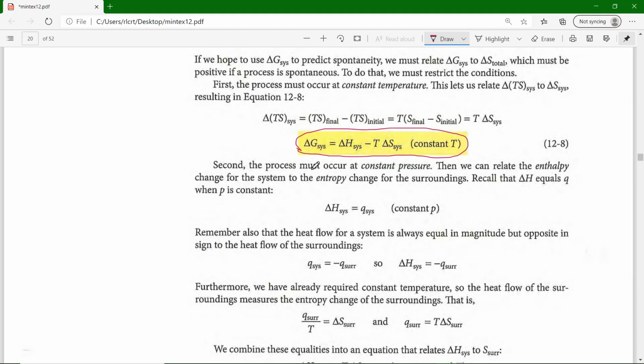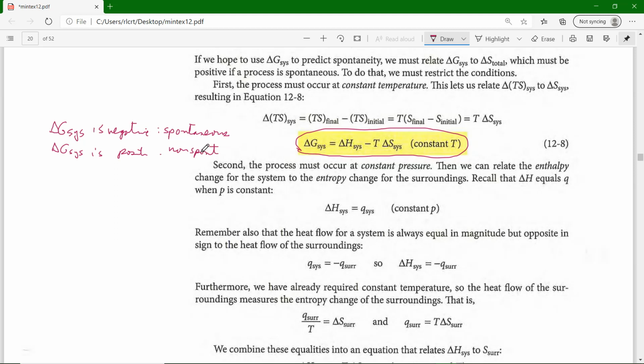If delta G of the system, which we end up just calling delta G, is negative, then it will happen. We don't say how long it's going to take, but it will happen. So that is a spontaneous process. If delta G of the system is positive, then the system is going to be non-spontaneous.